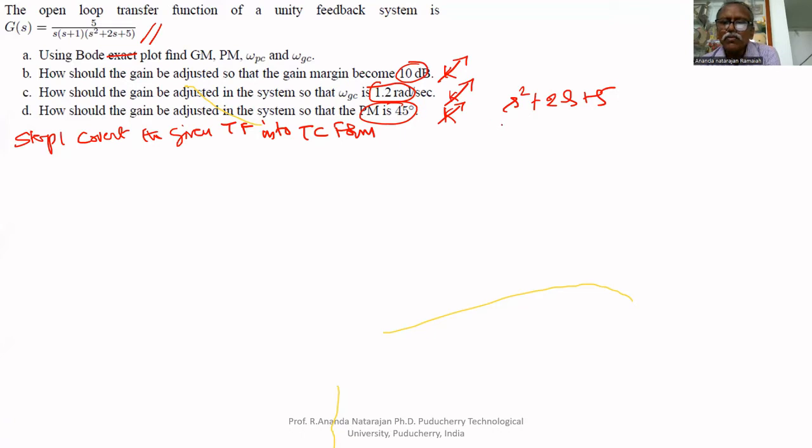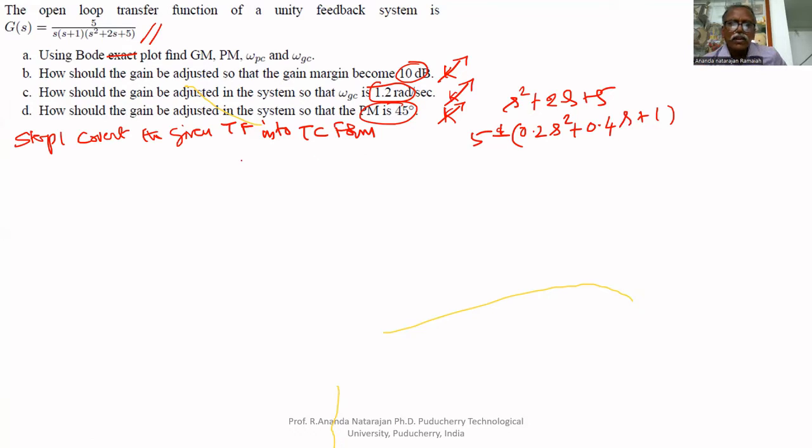Therefore, we can write 1 by 0.2 s square plus, here 2 by 5, 0.4 s plus 1. We are taking that 5 outside.